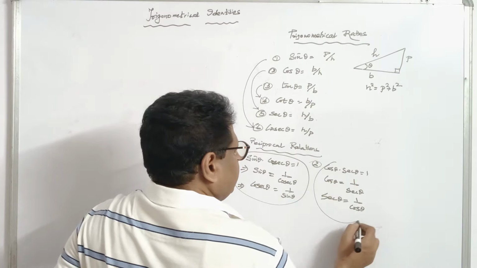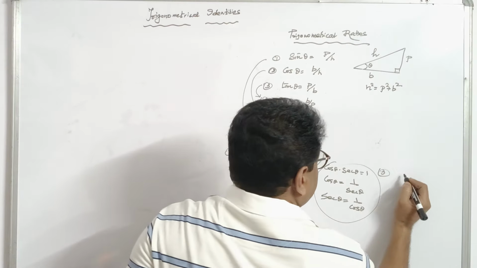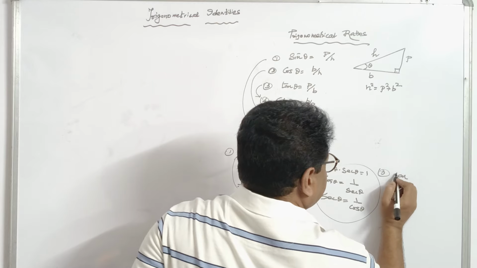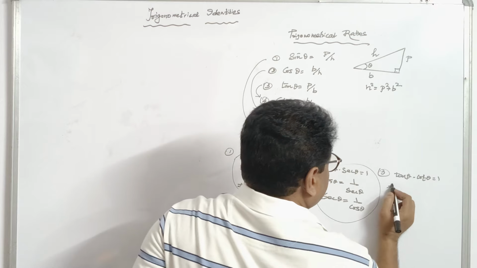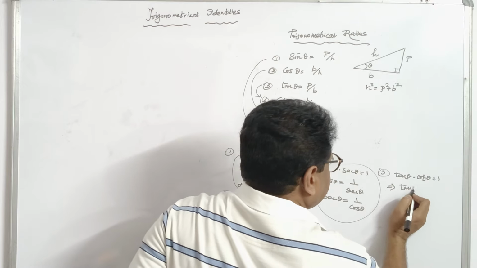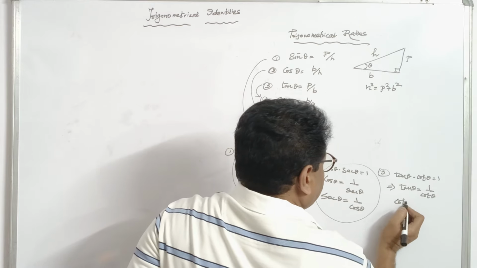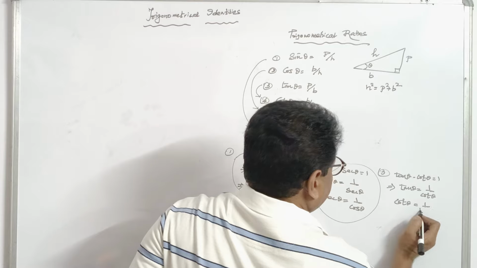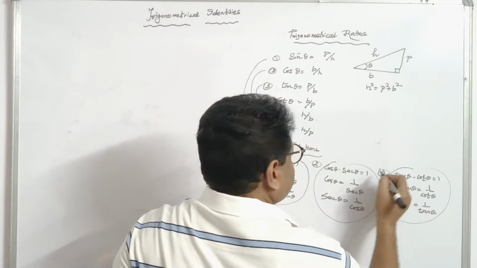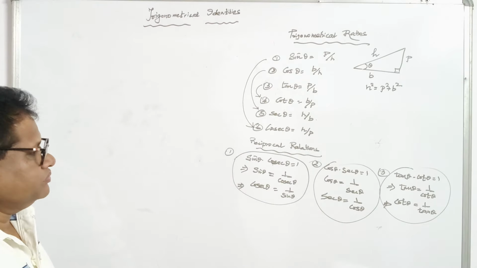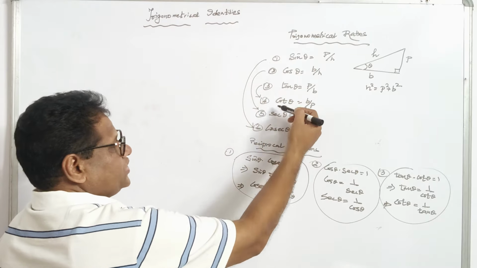The third pair is tan theta into cot theta equals 1. This implies that tan theta equals 1 by cot theta, and cot theta equals 1 by tan theta. This is the outcome if you write in sequence sin, cos, tan, cot, sec, cosec.